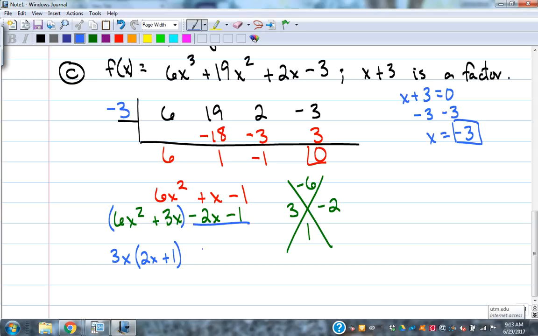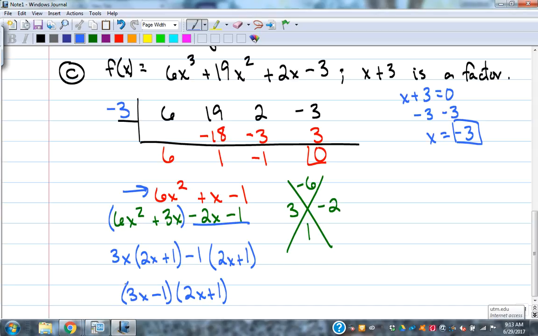Then that group would pull out a minus 1. And now I've got the factors 3x minus 1 and 2x plus 1 for this trinomial right here. That's the factors for that.